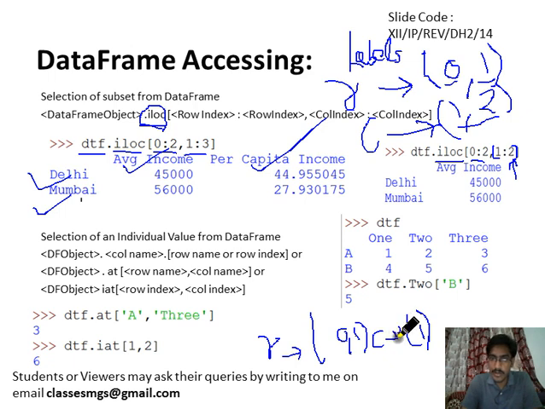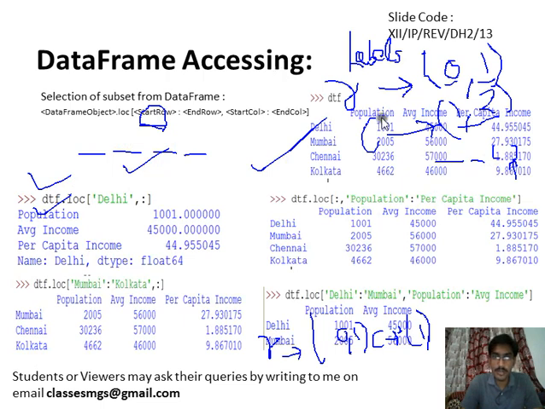What is the column number 1? In the previous slide you can see the column number 1. Rows 0 and 1 and column 1 will be fetched.